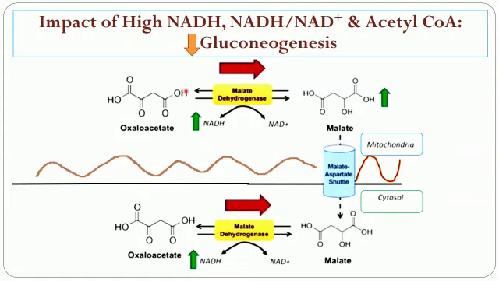So this entire pathway will be reversed so that NADH is consumed and it tries to balance this excessive NADH. So gluconeogenesis will in fact be inhibited because of this.